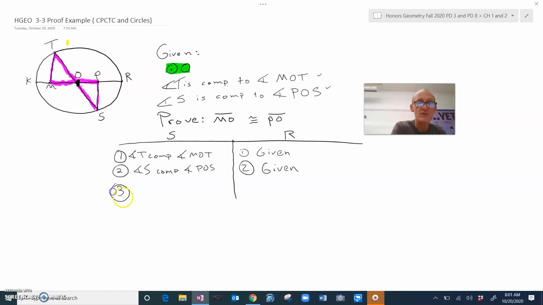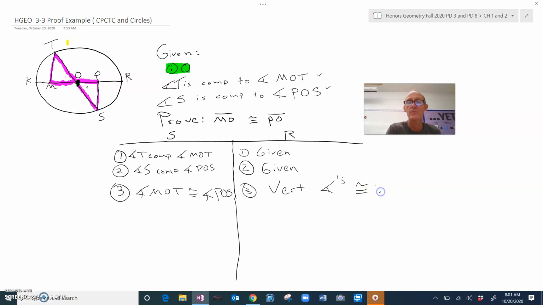And the third step is going to say that angle MOT is congruent to angle POS. Now, if you forgot already, these two angles here are vertical angles. So we can say vertical angles congruent. Now, this brings back a fact from the last chapter.